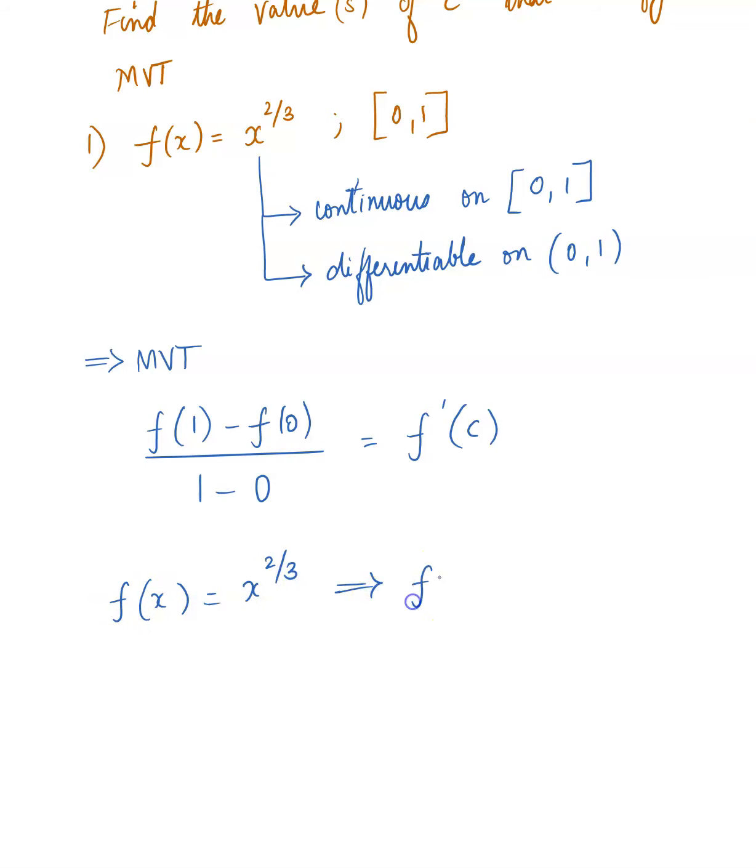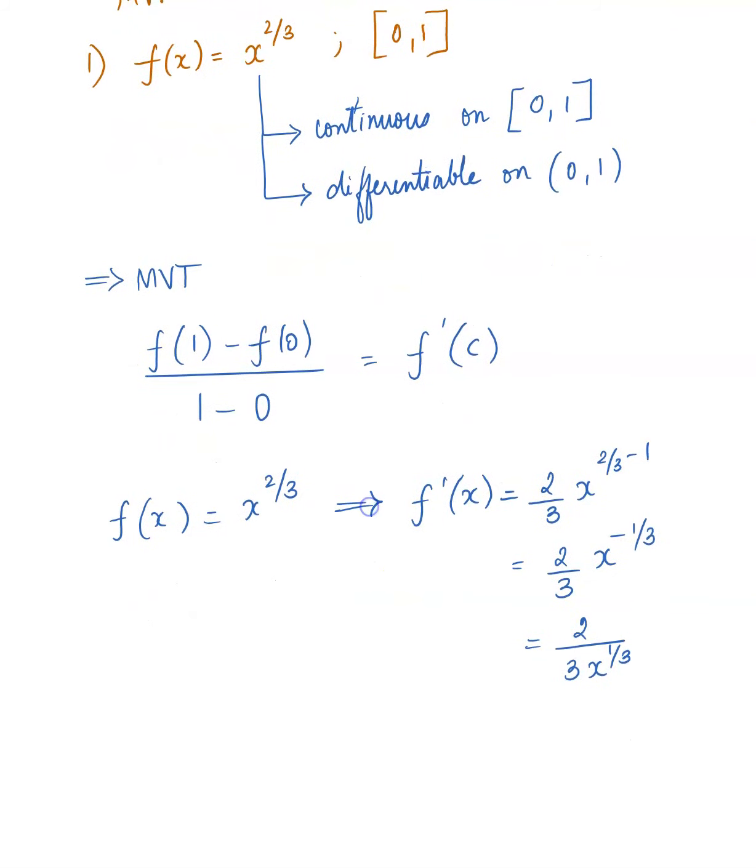This implies f prime of x will be 2 over 3 x power 2 over 3 minus 1, which is 2 over 3 x power negative 1 over 3. With the LCD, that's 2 over 3 and x power 1 over 3 in the bottom. Now we need f of 1, which is 1 power 2 over 3, which is 1. f of 0 is 0 power 2 over 3, which is 0.